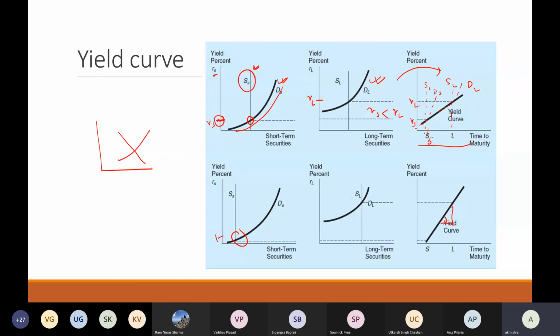In reality, as we discussed previously, your demand curve can also move, and your supply curve can also move. We are not going into that complex understanding, but when we know this simplest framework, you can extend it to more complex scenarios.